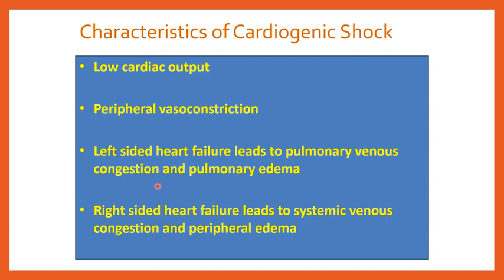That is called pulmonary venous congestion and pulmonary edema. If the right side of the heart fails, that leads to systemic venous congestion and peripheral edema, because the right side of the heart receives blood from the entire body, that is venous return, and the left side of the heart receives blood from the lungs, that is the purified blood.